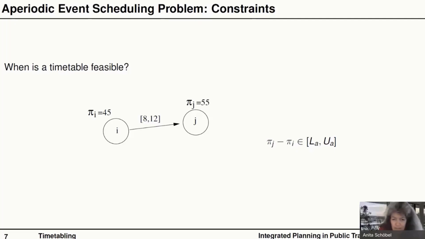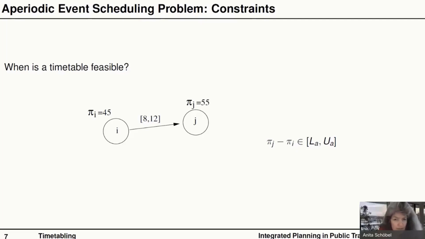Then we can assign times, and the constraint that has to be satisfied is that with 2 times, Pi would be the departure at I and Pj would be the arrival at J, the difference between them, namely the time that the train or the bus spends on the track between I and J, should be in the right interval.